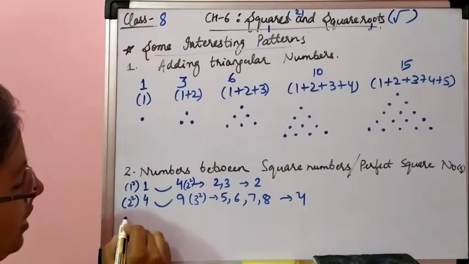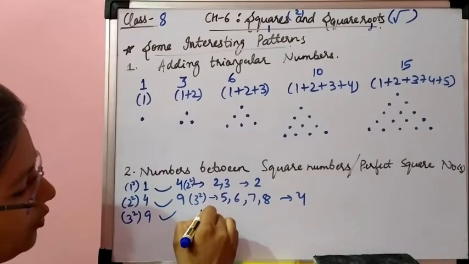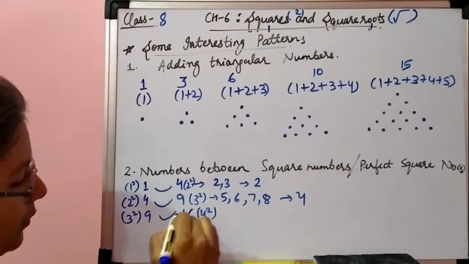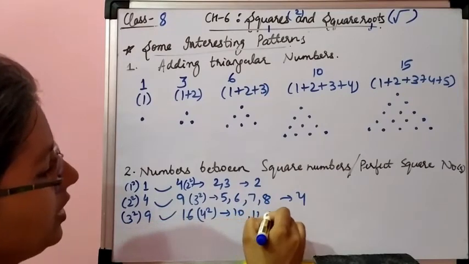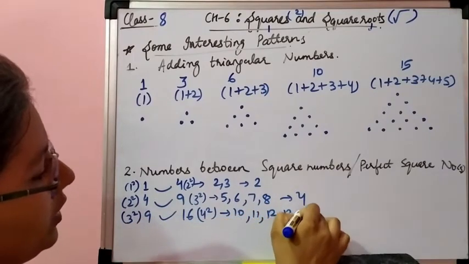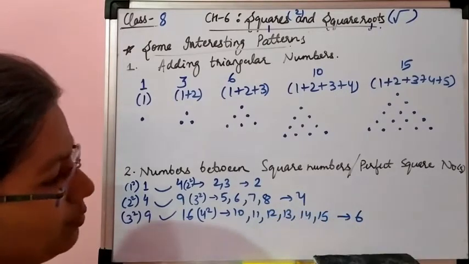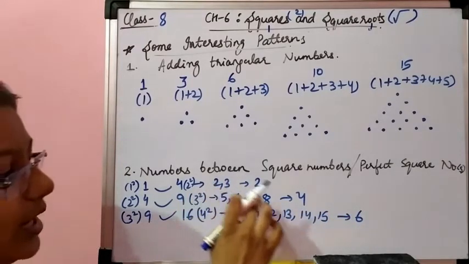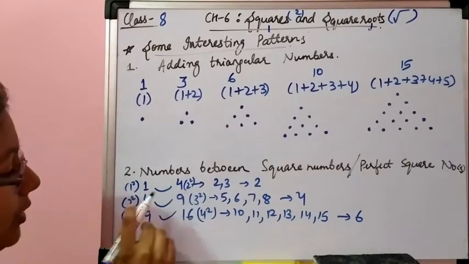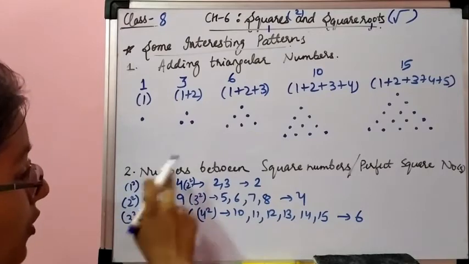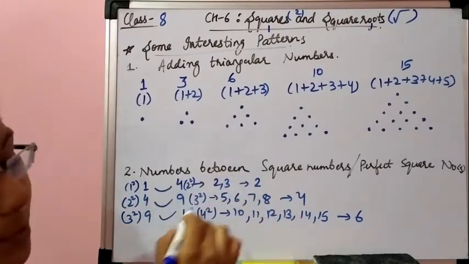Okay. Similarly the square of 3, that is 9, and the square of 4, that is 16. How many numbers are coming in between? 10, 11, 12, 13, 14 and 15. So total 6 numbers. So if you look at this pattern carefully, between the squares of two consecutive numbers, how many non-perfect square numbers are there in between?